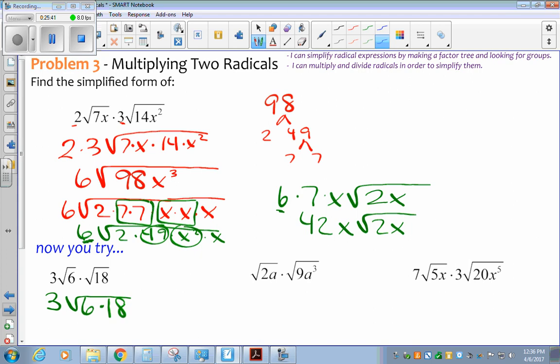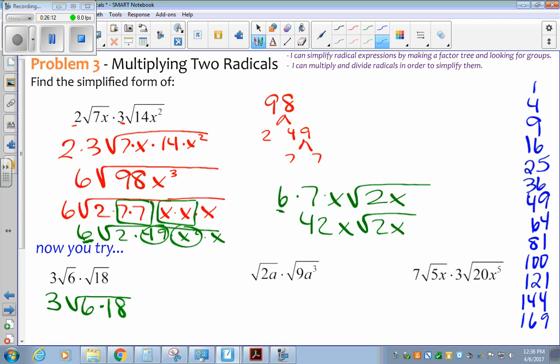So think about this. 1 squared is 1, 2 squared is 4, 3 squared is 9, 16, 25, 36, 49, thank you, 64, 81, 100, 121, 144, 169, 196.